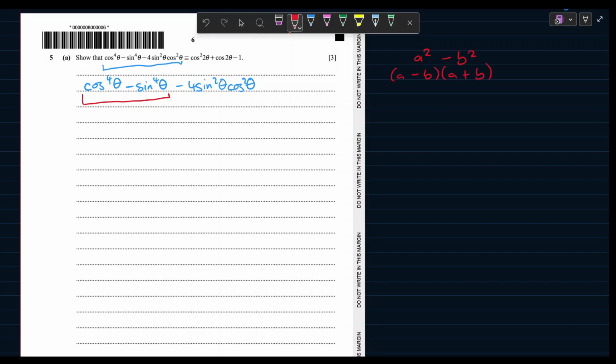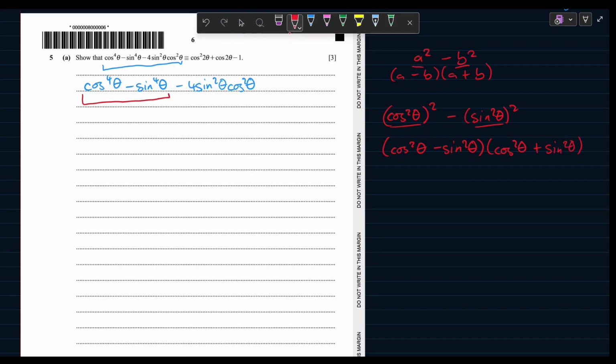So in this case, cos squared theta is the a, and sine squared theta is the b. So this should factorize to cos squared theta minus sine squared theta times cos squared theta plus sine squared theta.